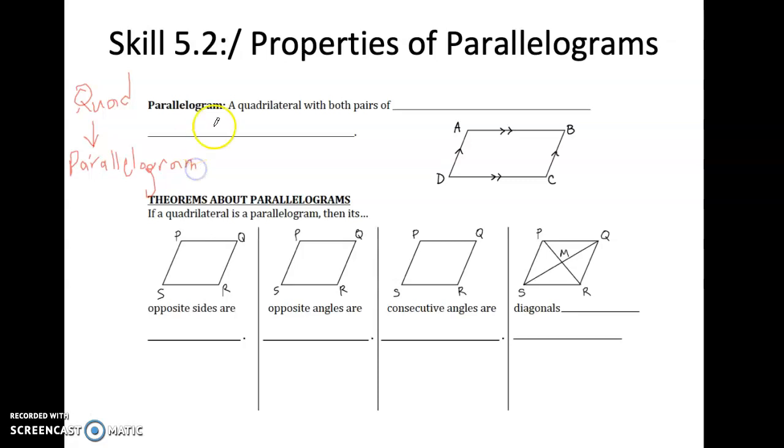See, when you were in middle school, a lot of those middle school teachers liked to say that parallelograms were quadrilaterals where both pairs of sides are parallel to each other.